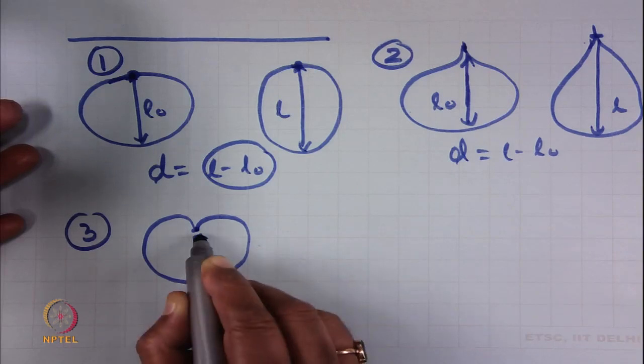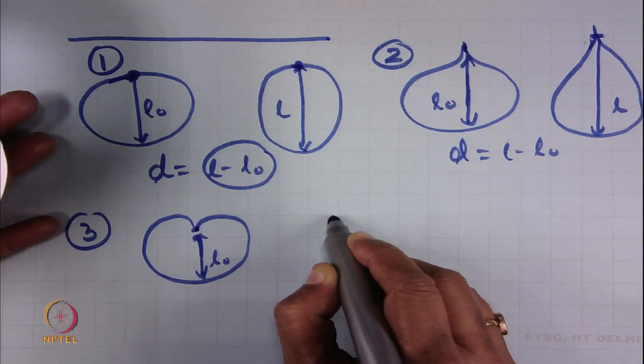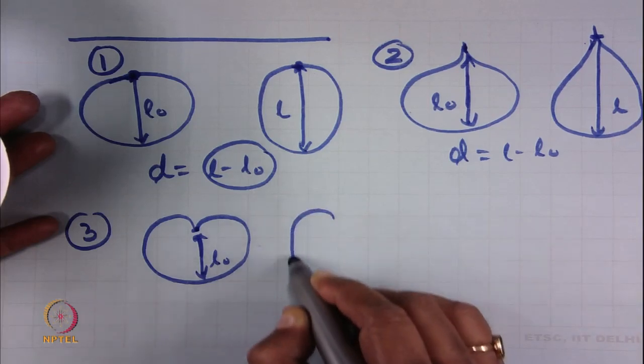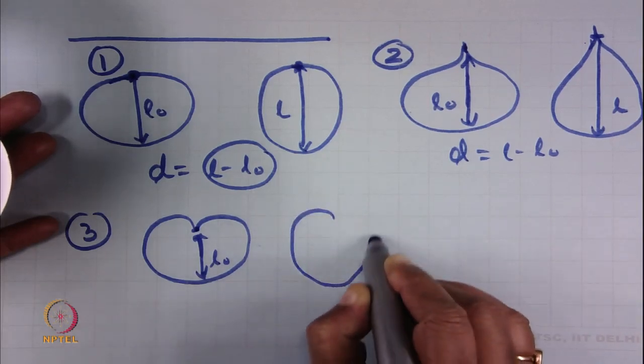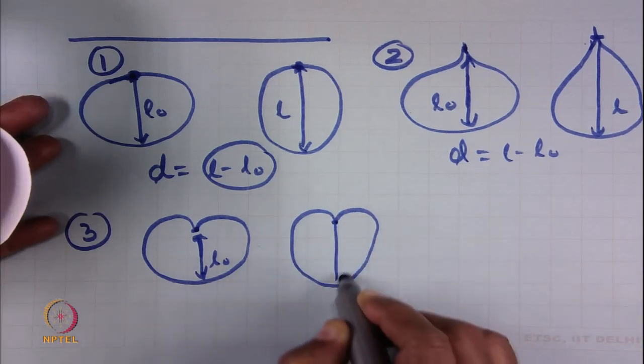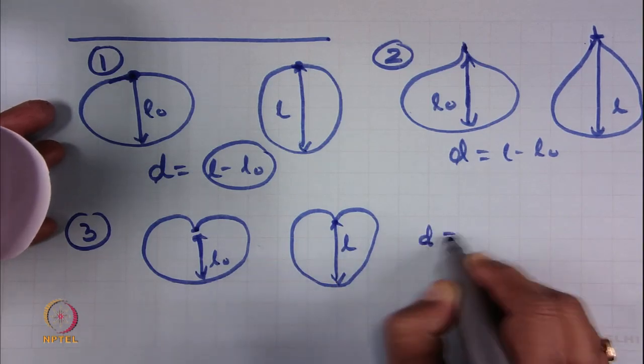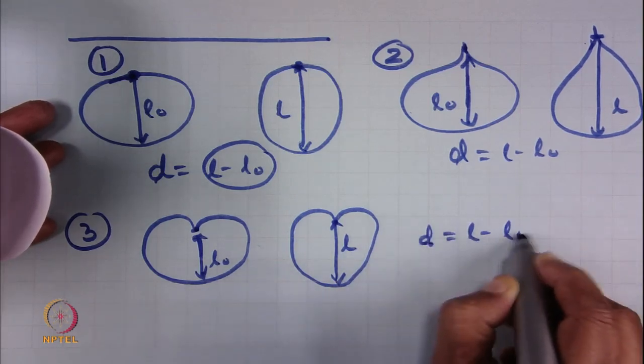From here the length is L0, and when it is deformed on its own mass, L. So, D equal to L minus L0.